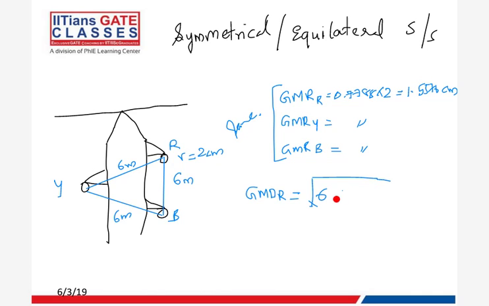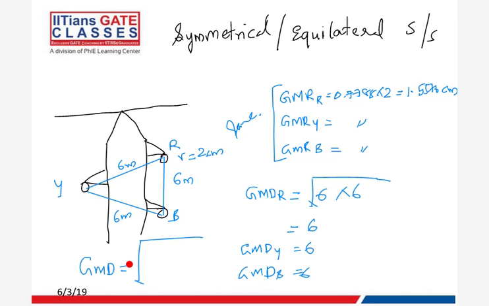So the effective GMD with respect to phase R is 6. Similarly, GMD for phase Y is also 6, and GMD for phase B is also 6. Therefore, the GMD of the system will be cube root of 6 into 6 into 6, which is 6.